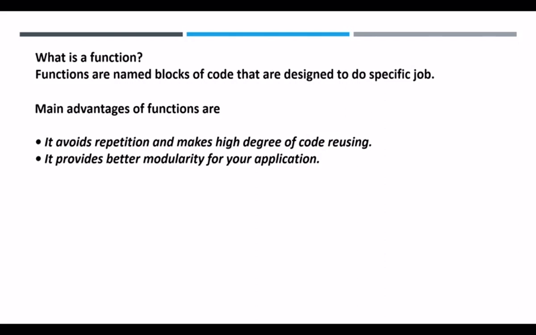Once we create a function, we need not write the same code again and again, so we can avoid the repetition of the code. At the same time, we can use the code in other programs also, so we can reuse it. Reusage of the code.